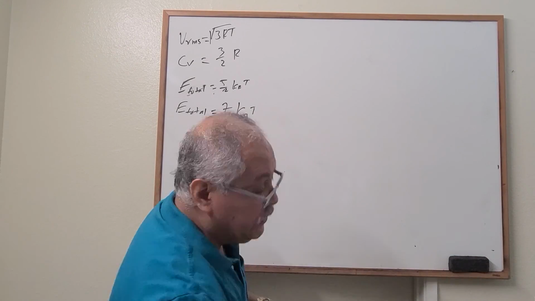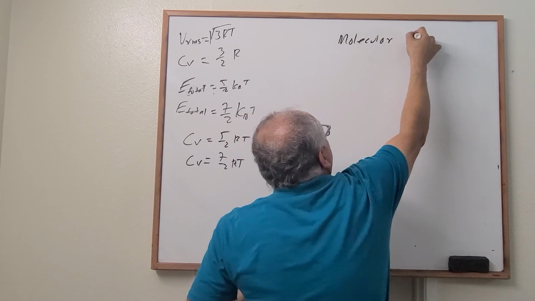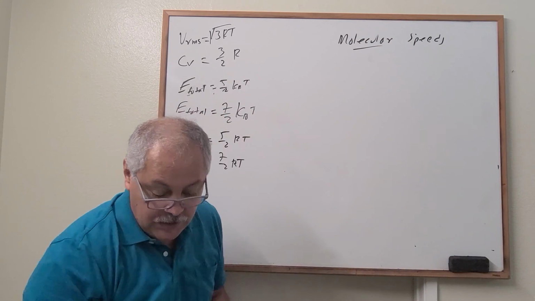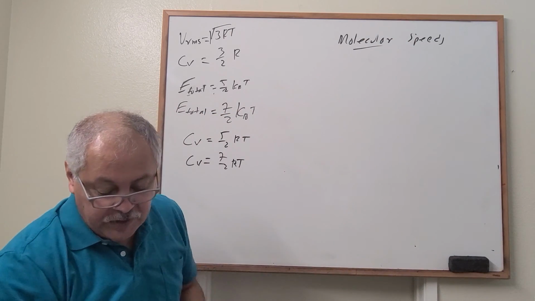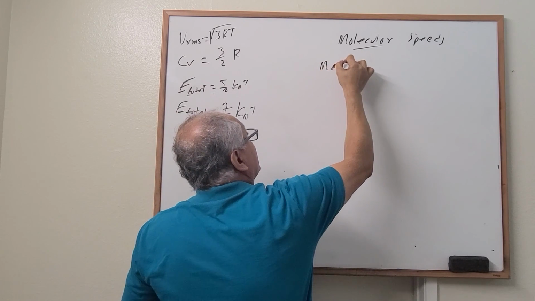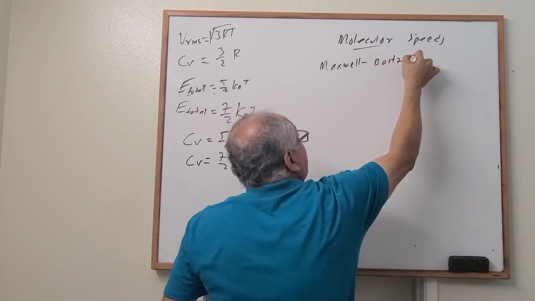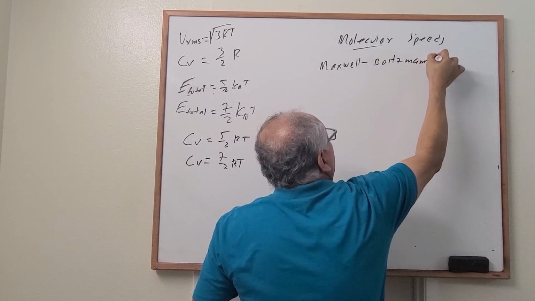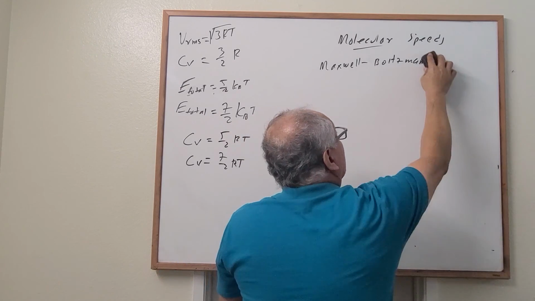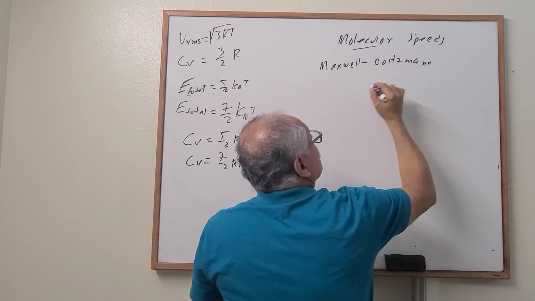Okay, molecular speeds, and this is according to the Maxwell-Boltzmann distribution. Where is the eraser? Right here. Okay, Boltzmann distribution.